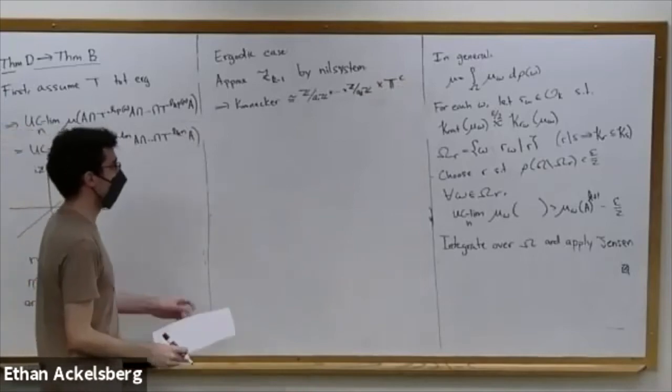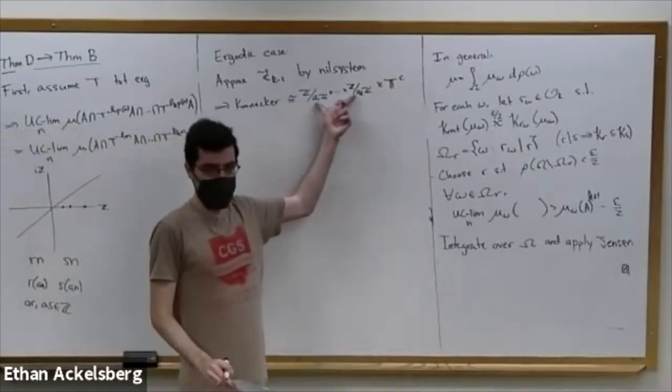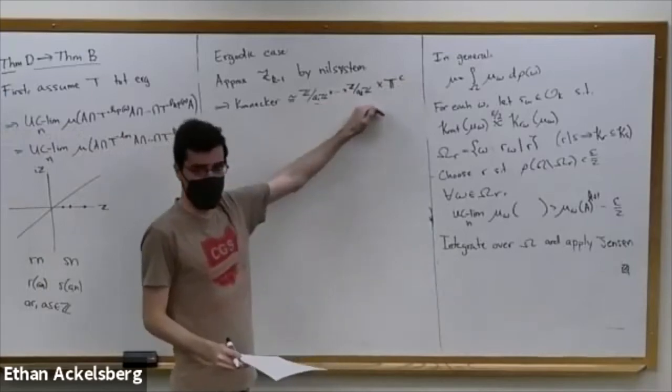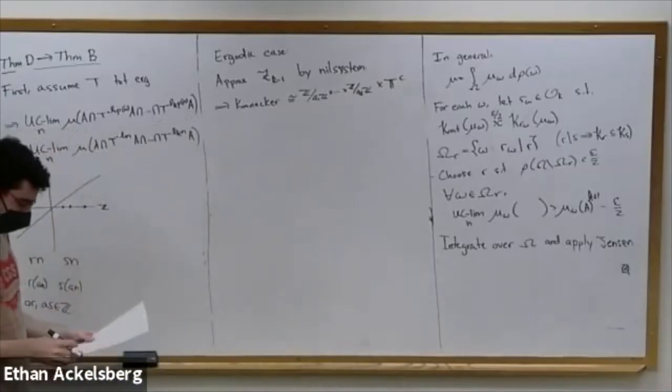So once we've reduced to a nil system, basically our rational Kronecker factor is actually just a finite rotation. And so now we're just going to kill this finite rotation and use intersectivity to get to something totally ergodic.